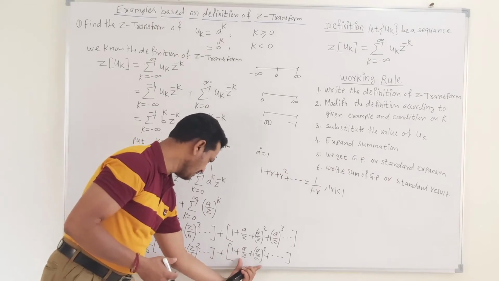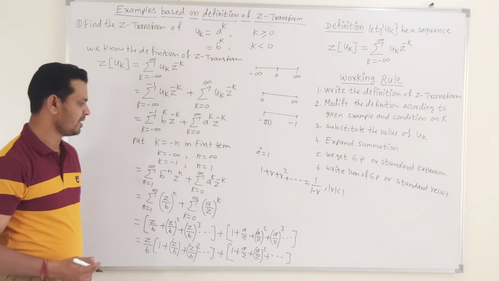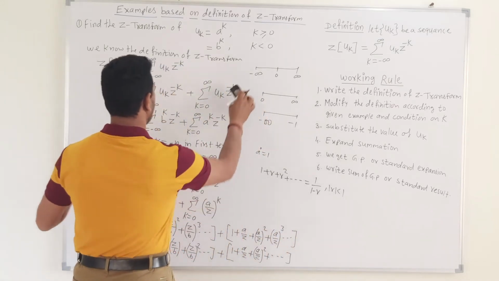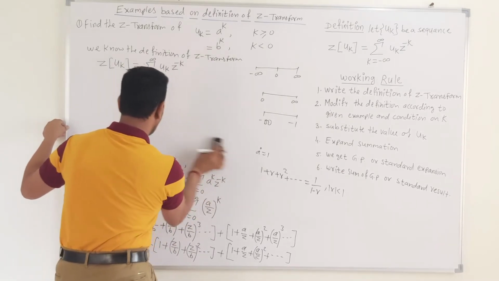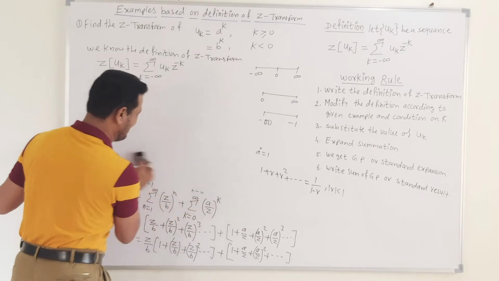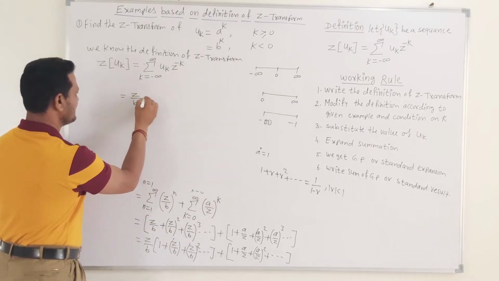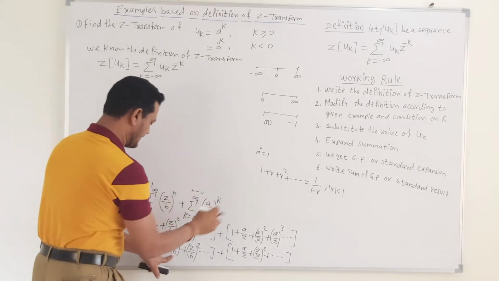Now both terms are in geometric progression form, with z upon b common. So friends, if we simplify this, we get z upon b as it is, then 1 plus r, where the value of r is z by b.